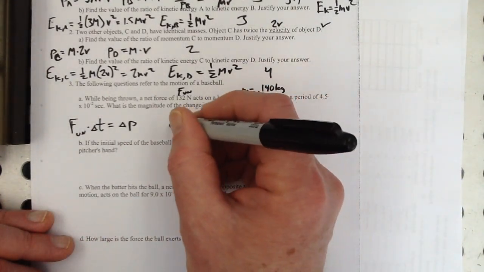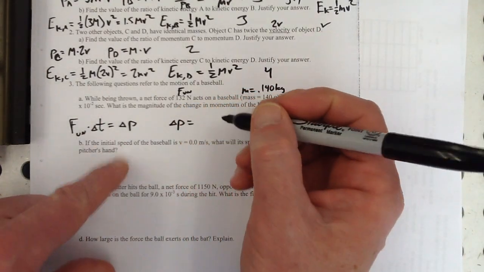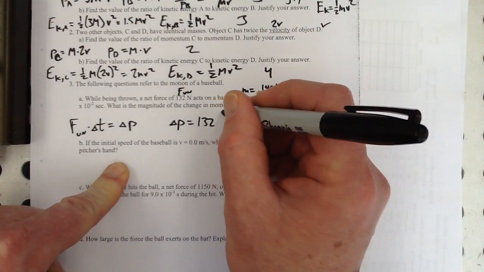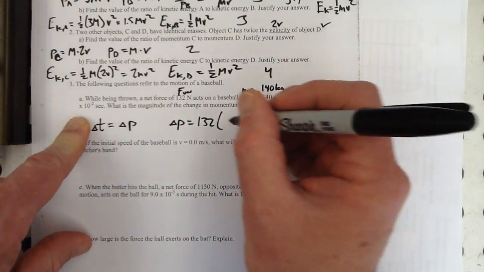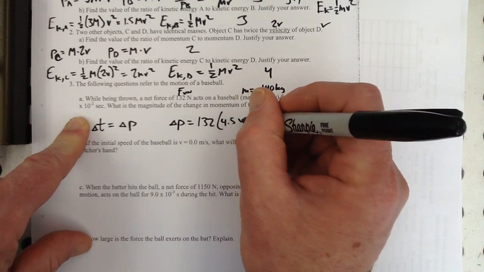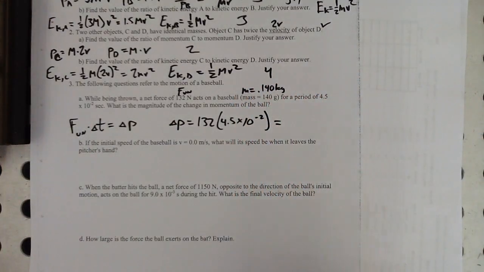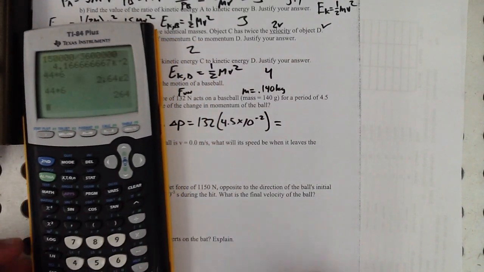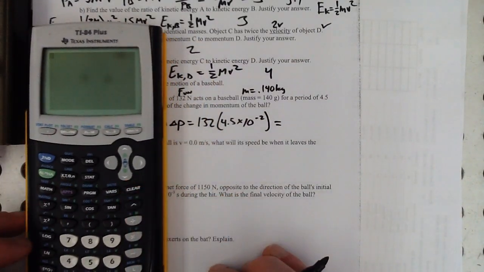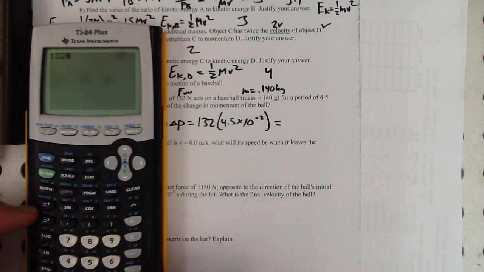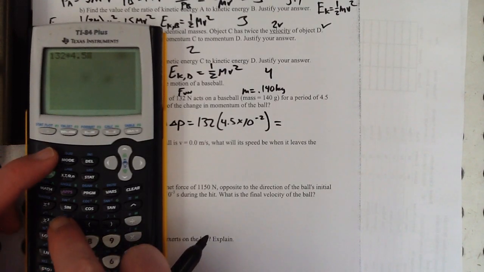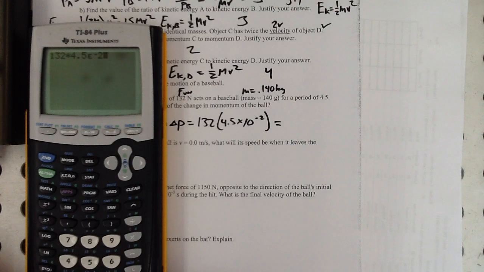So the force is 132 newtons times 4.5 times 10 to the negative 2. So 132 times 4.5 times 10 to the negative 2.